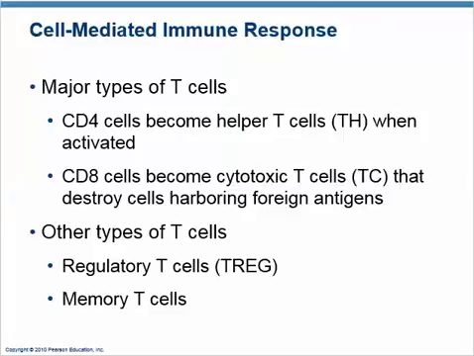Now there's other types. There's regulatory T cells, which are suppressors and enhancers and things like that. And then there's the memory T cells that come after clonal selection. But nevertheless, the 2 major types are helpers and killers, CD4s and CD8s.